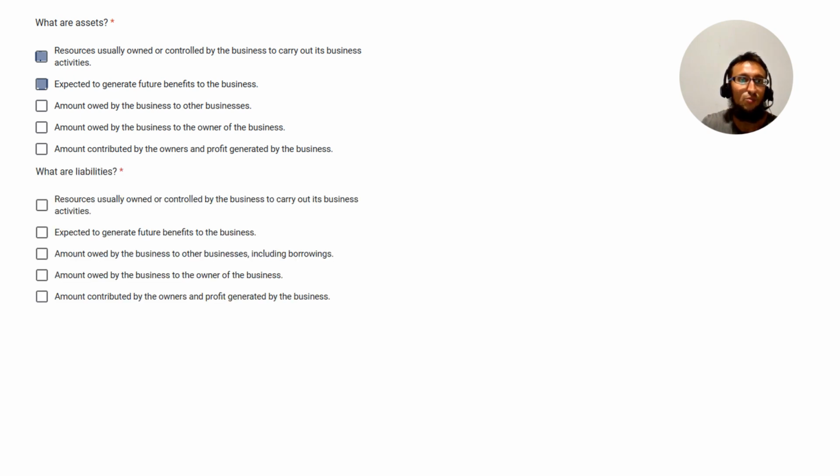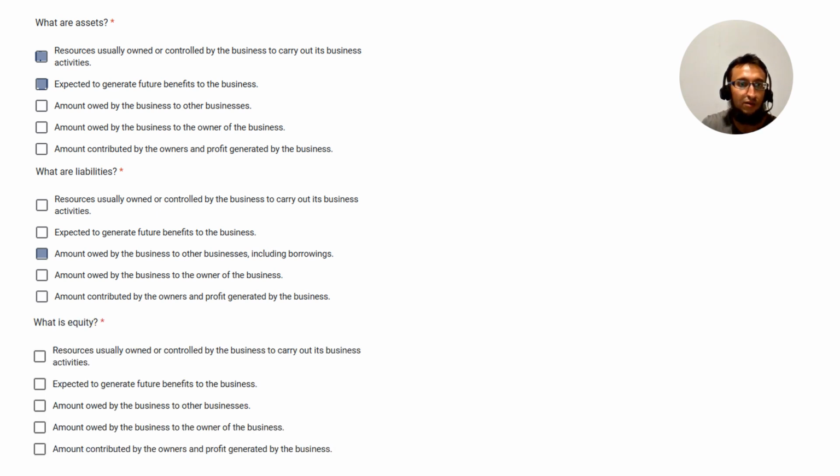Next question, what are liabilities? Liabilities include items or obligations that are owed by a business to other parties. And the next option here, amount owed by business to the owner, is not correct. In fact, that forms part of equity, the amount owed by business to the owner.